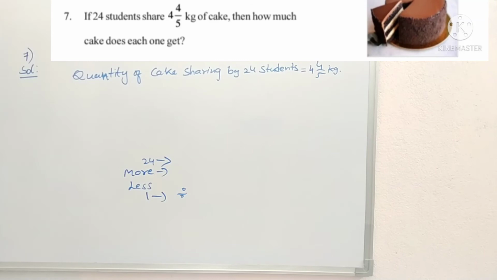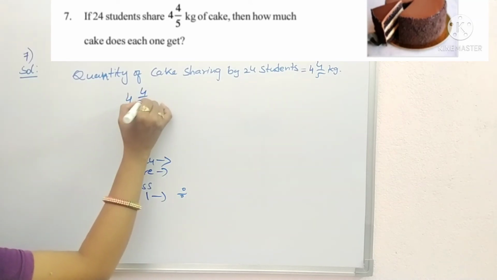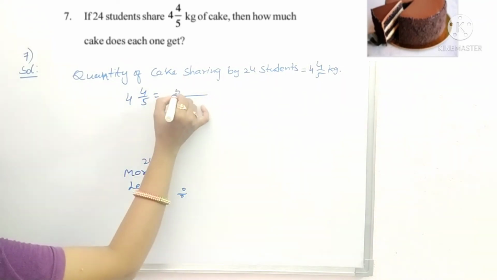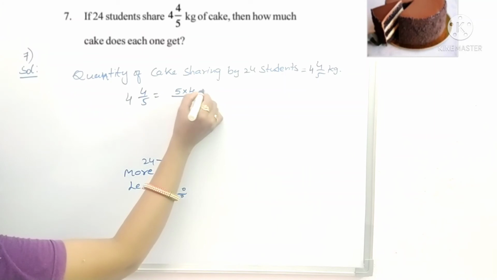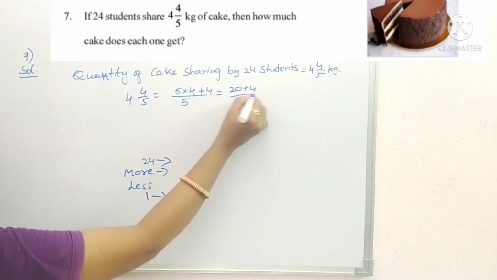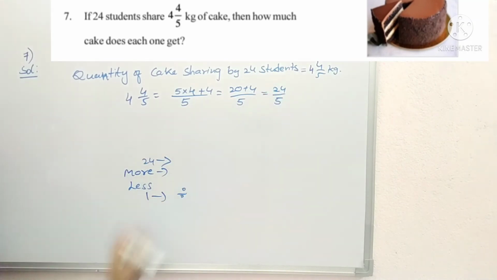So here a mixed fraction is there, no? So take that mixed fraction 4 by 5. Start with denominator 5 first, into, and then plus. 5 4s are 20 plus 4 by 5. So this is 24 by 5. So we have to find out what?